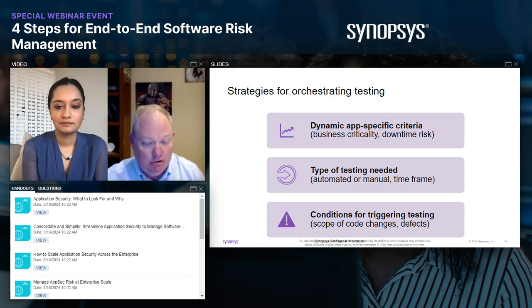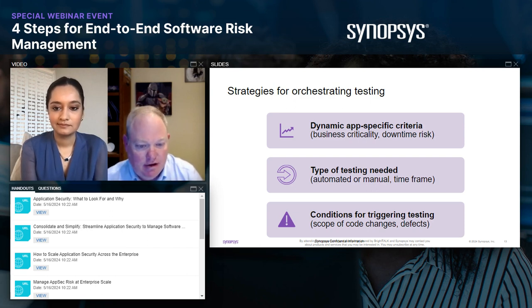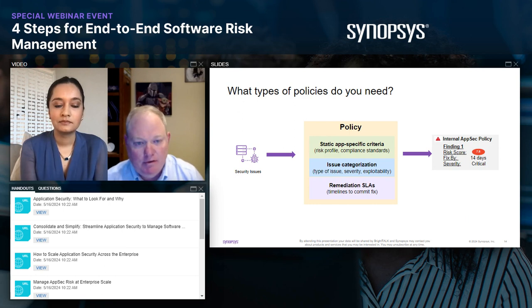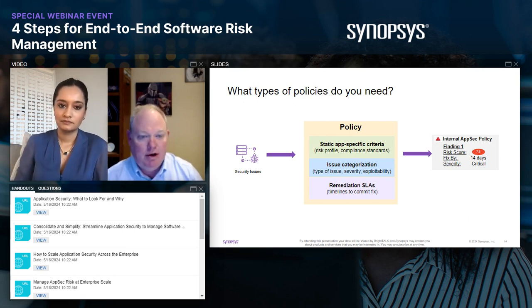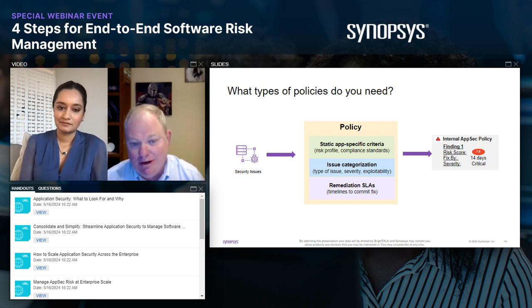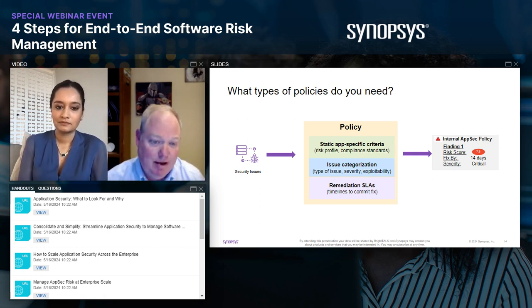So that may drive what your policy is around what kind of tests and when you test. And then again, just the conditions for when you want to trigger that testing, right? Do you have a policy that every time a developer checks in code, you want to check it? Now, maybe you want to adjust that based on, well, are they checking in one line of code change, or are they adding a whole new component to an application?